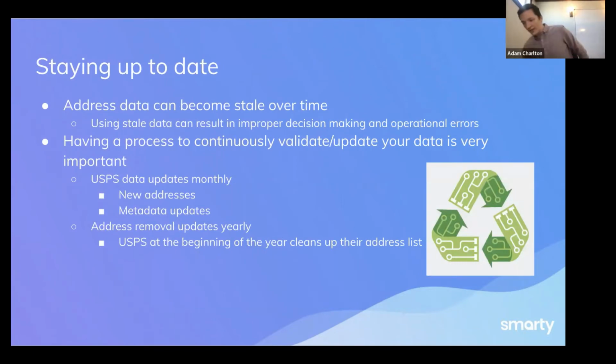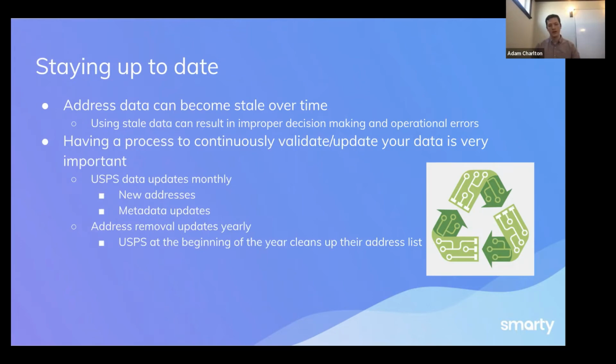Great. So the next major problem that we're going to deal with is staying up to date. There's a lot of addresses that flow through database systems that are just out of date, and out of date data is sometimes worse than the data not even being there at all, because it's a false positive, right?